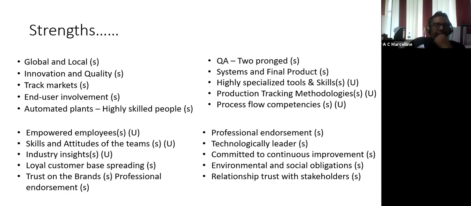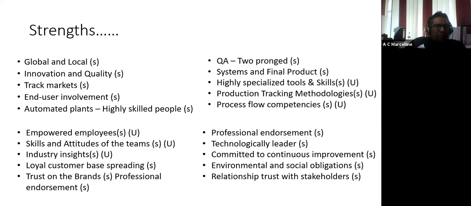Top level skills and attitudes of the teams, you could see by reading, is uniqueness, because they have said in the case itself, it's a unique ability. They have the industry insights very well. So the feel of the market has always been there.